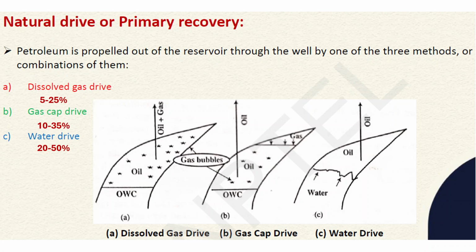In natural drive or primary recovery method, the pressure is very high deep down near the reservoir rock, and when the well is dug and we try to extract oil, the pressure is released and lowered.